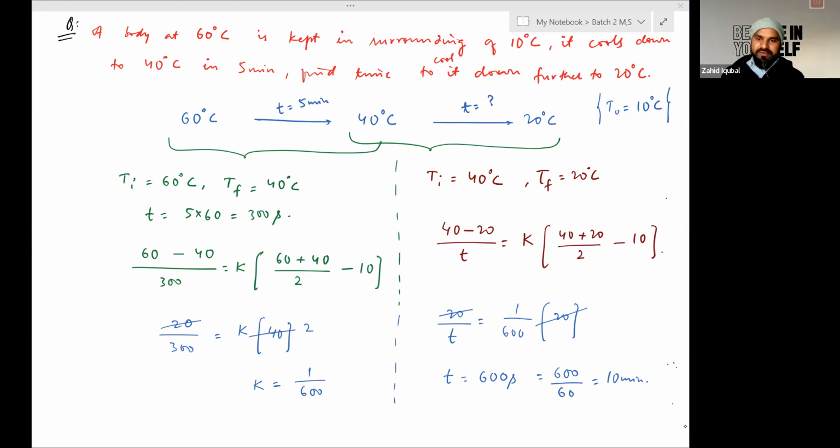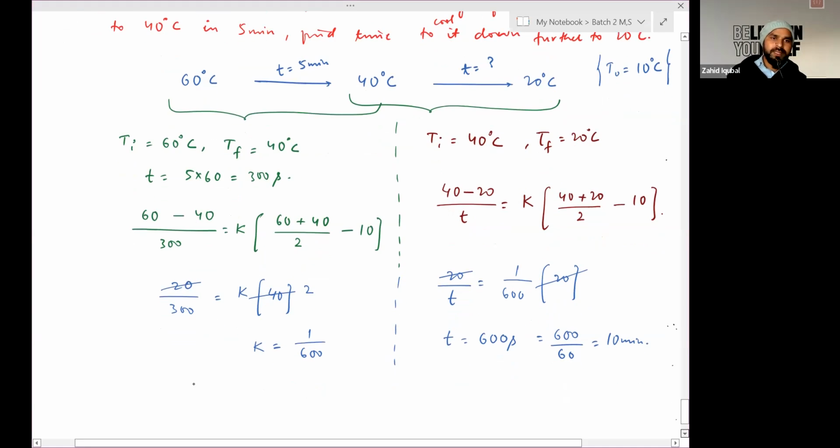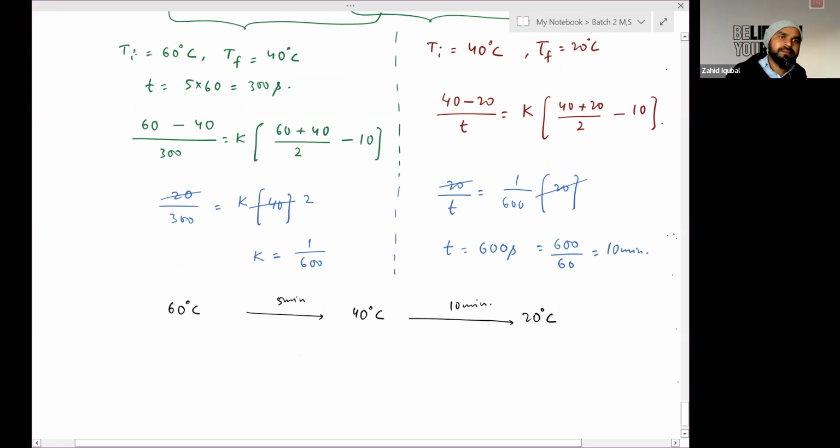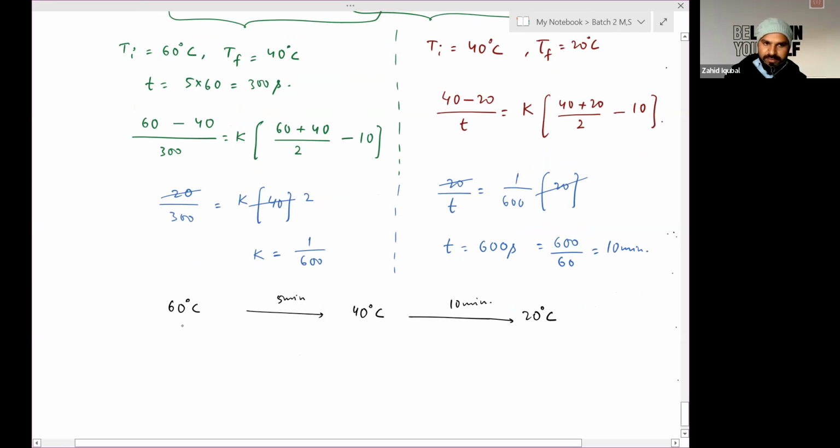Okay. Now let me explain something related to this question. Initially, we have 60 degrees temperature. In 5 minutes, it cools down to 40 degrees Celsius. And in a further 10 minutes, it reaches 20 degrees Celsius. On going from 60 to 40, the temperature difference is 20 degrees Celsius.